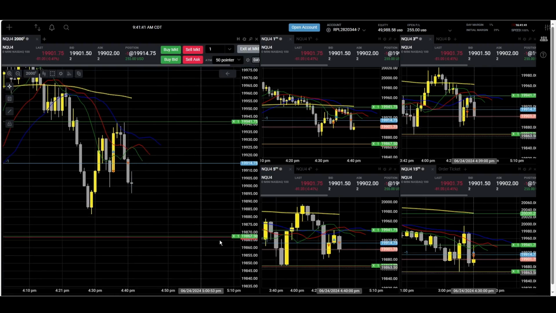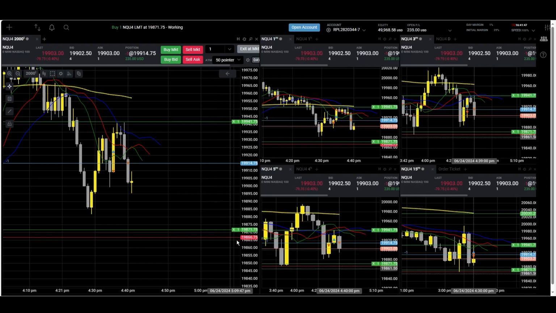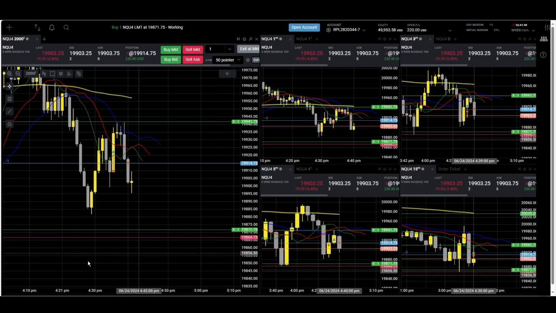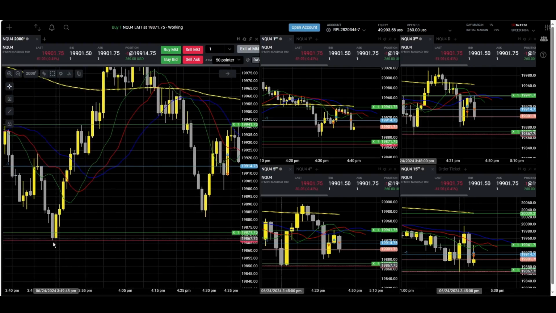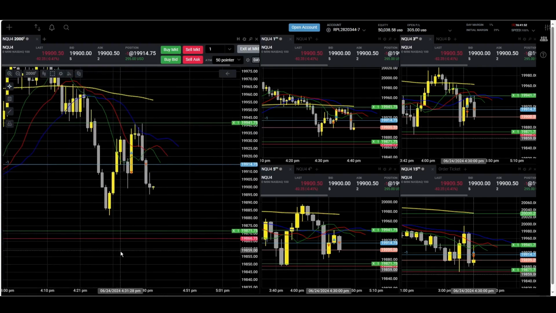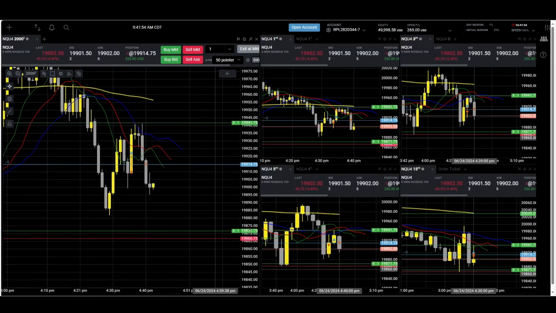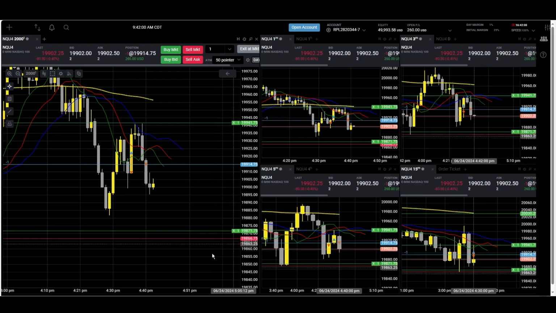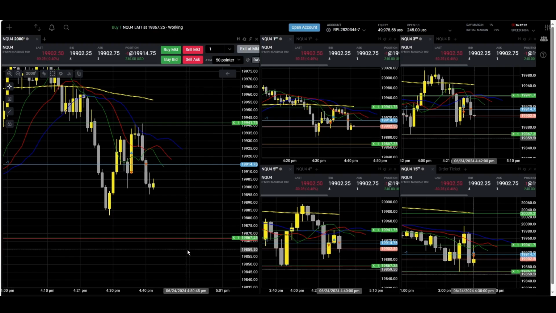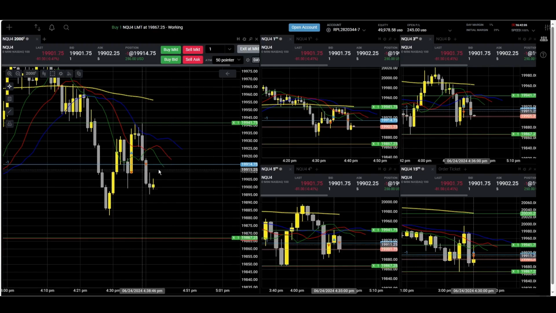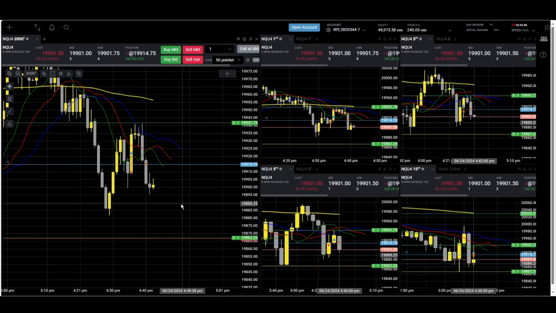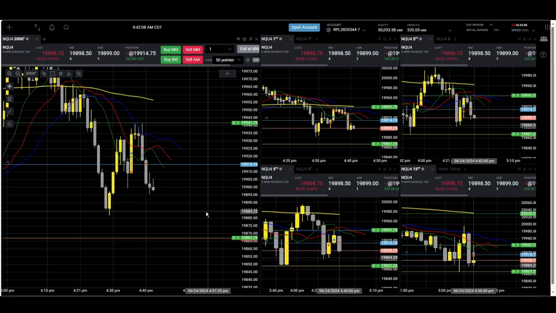Okay, but why did I instinctively set the take profit here? That's because here, if we look at it, is the low of the day. We can see it here, right? It's the low of the day. So just from habit, I set my take profit in the area of the previous day's low when we are in a position like this, because that's the area that we want to test.